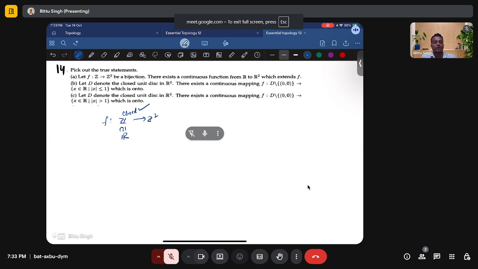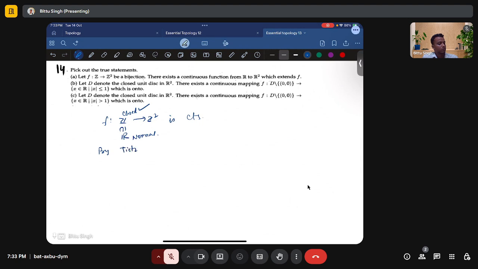Therefore, this function f is continuous, because if we take the domain as a discrete topology, then every map becomes continuous. And R is actually a normal space. So again, by Tietze extension, there exists a function from R to R. This is a subset of R2. So we get an extension.